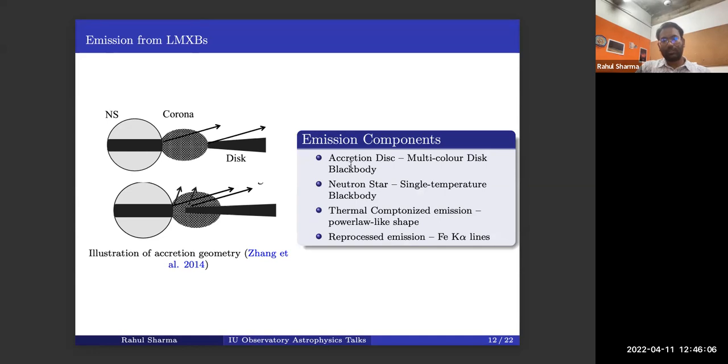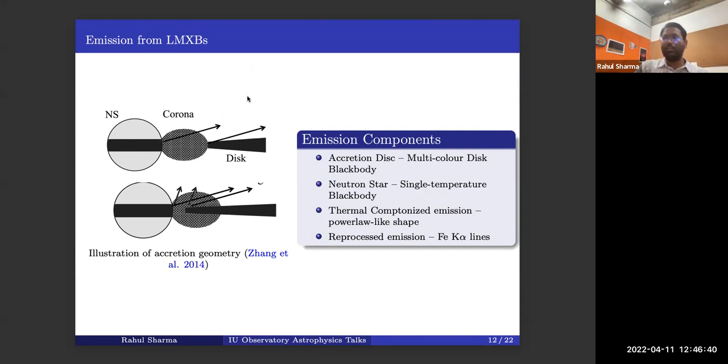The accretion disk can be modeled with a multicolored disk blackbody component. The second component, the neutron star, we can model with a single temperature blackbody. The third is the corona, which can be described as a thermal Comptonized emission, where soft photons from the neutron star surface or the disk can go to the corona, get upscattered, and we see a hard emission.